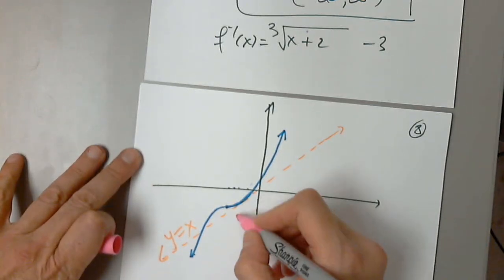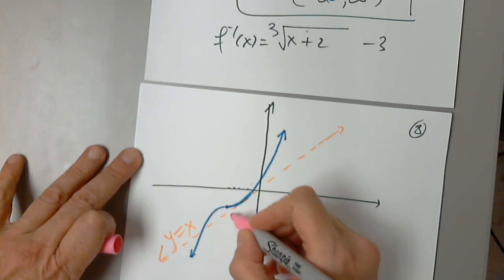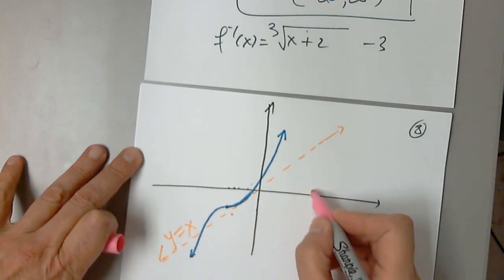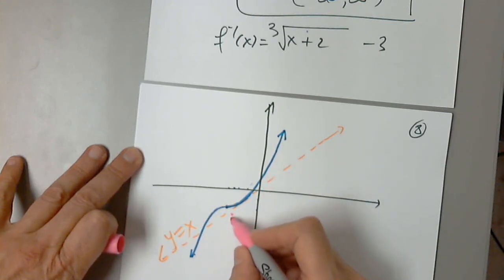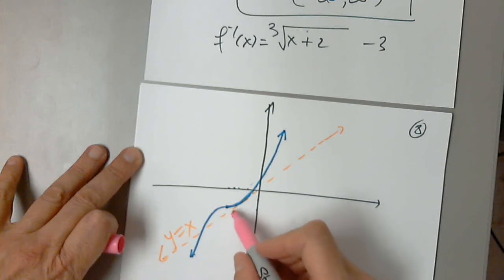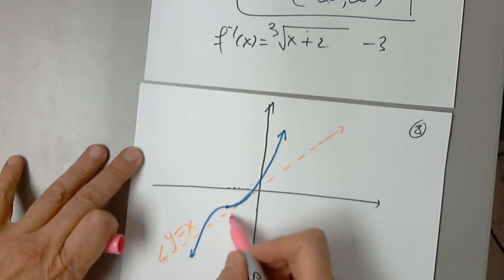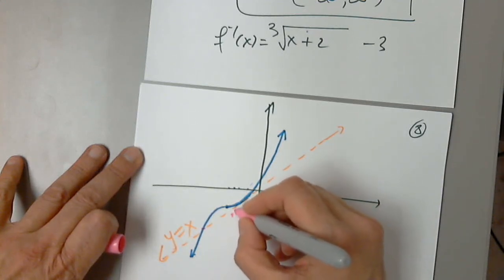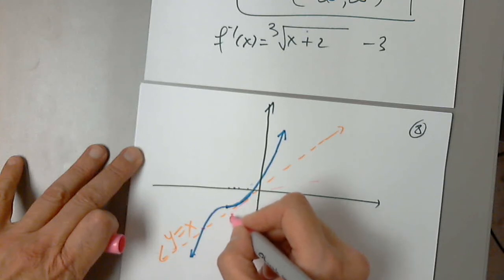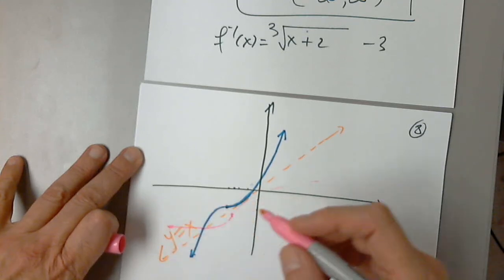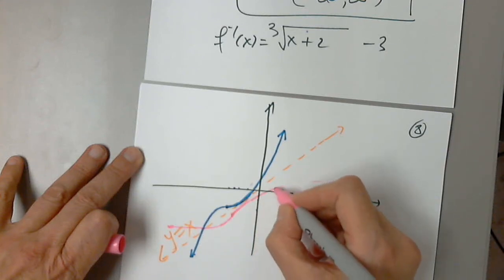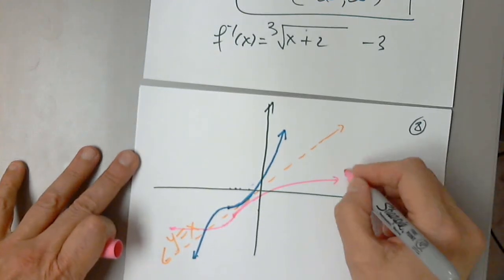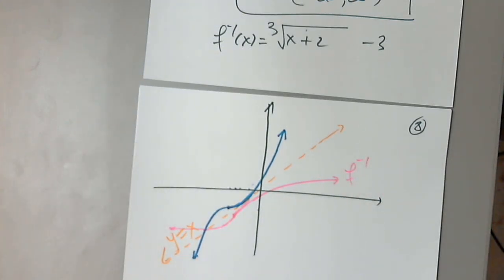And then the other one. So this is f inverse, and this is f.